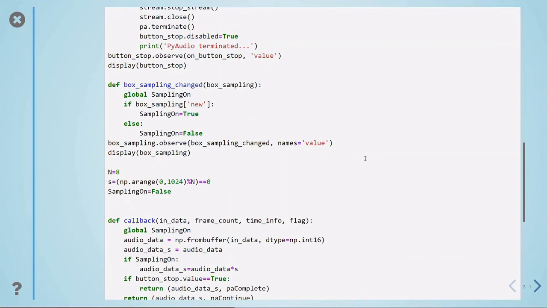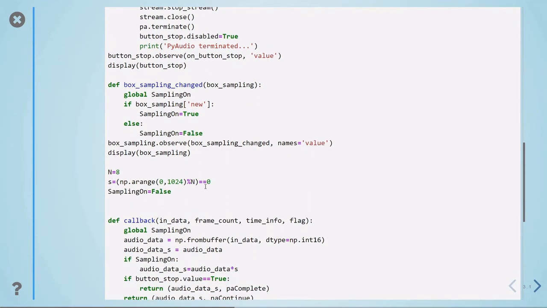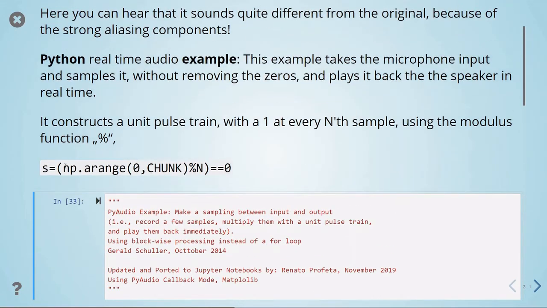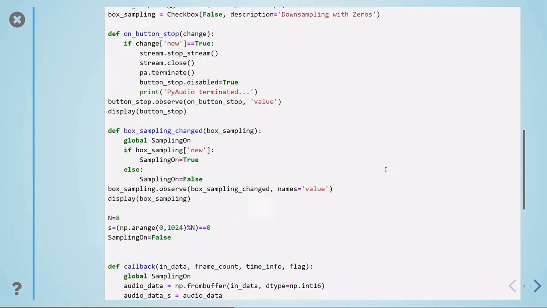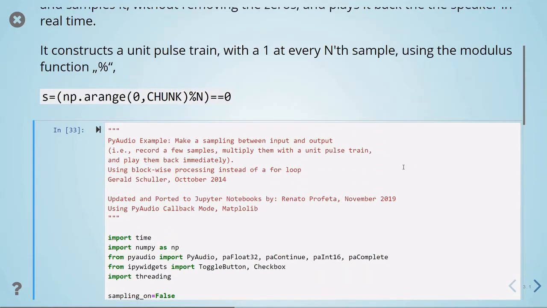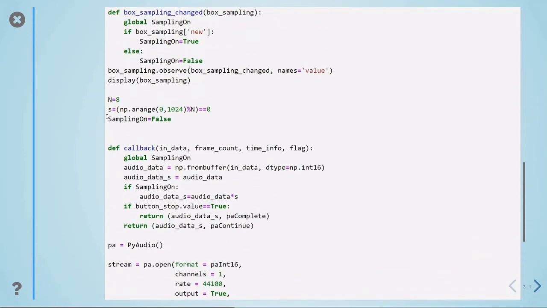Here I'm defining that n is equal to 8. This is the downsampling factor. Here I'm creating the unit pulse train using the modulus function, so there's a 1 in every nth sample.